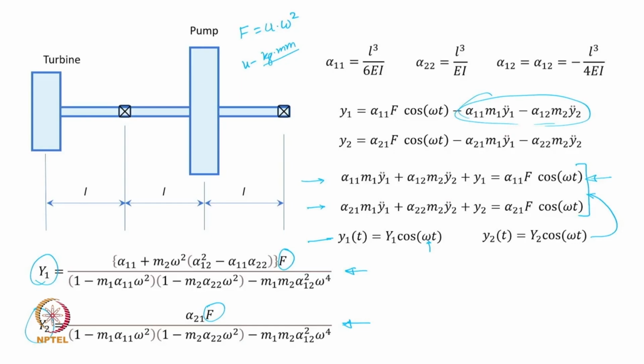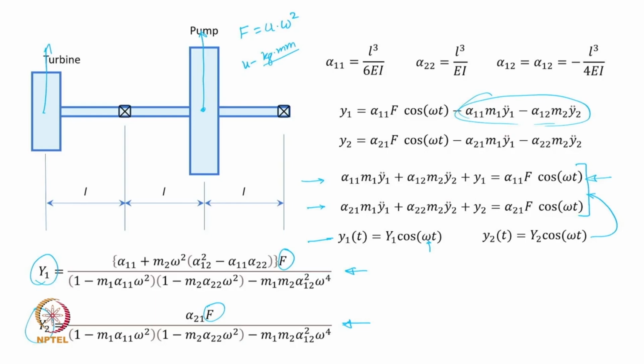Okay. Now, if you find y 1 and y 2 based on the unbalance here, you can separately find out what is the unbalance F here and find out the response, add these two responses together, or use the equations with the appropriate modification to these equations with the alpha 1 2 and alpha 2 1 coming into picture.